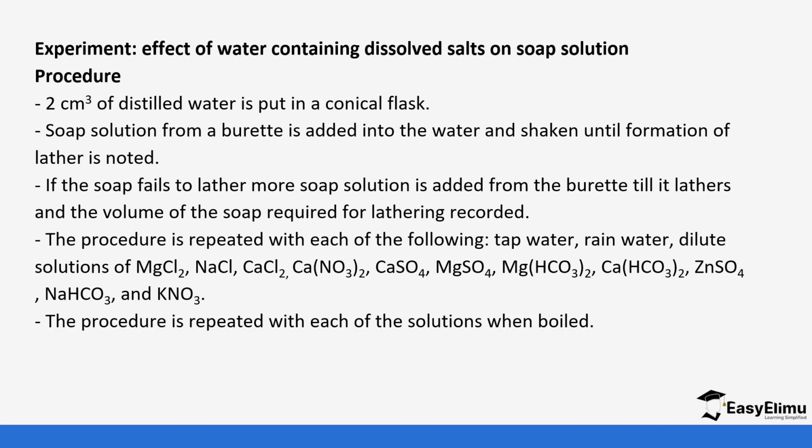The procedure is repeated with these solutions, and then they are boiled. Soap is added to these solutions first, and then the water containing these dissolved salts is heated, and then the soap is added.